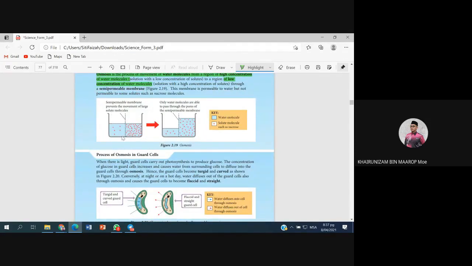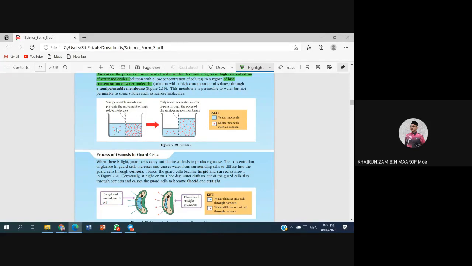If you look at this one, the semi-permeable membrane, we put inside the beaker maybe, to prevent the movement of large solute molecules.